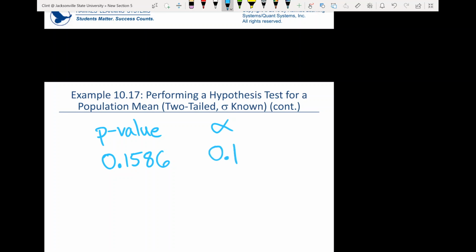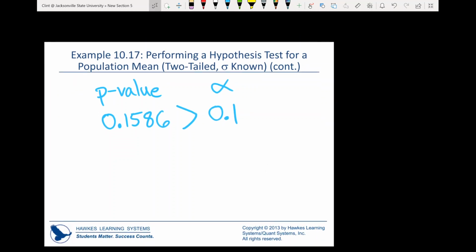So what's our comparison? Well, here our p-value is bigger than alpha. In other words, it's not low. Our p-value is too big to do anything with the null hypothesis. So we're not going to reject the null hypothesis. We're going to fail to reject the null hypothesis.